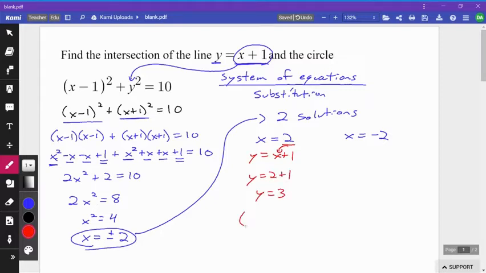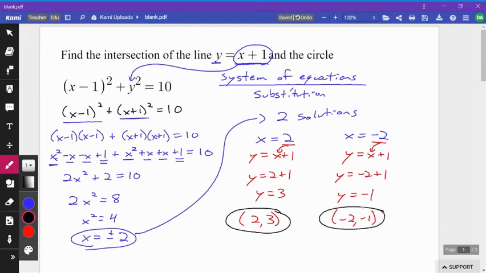So now I get the point (2, 3). And if I take the negative 2 and plug it in, I get the point (-2, -1). So I see that there are 2 points in which this line is going to intersect that circle.